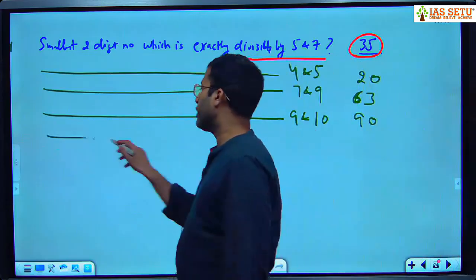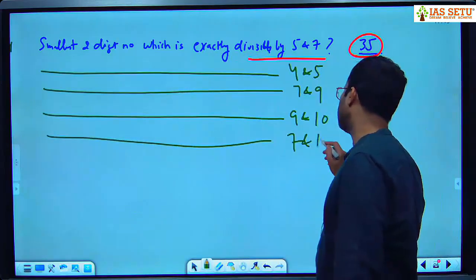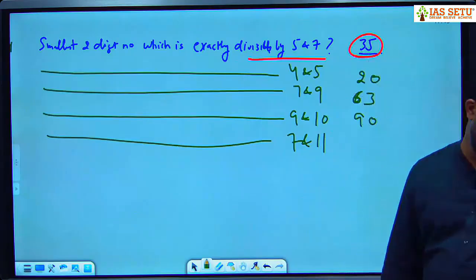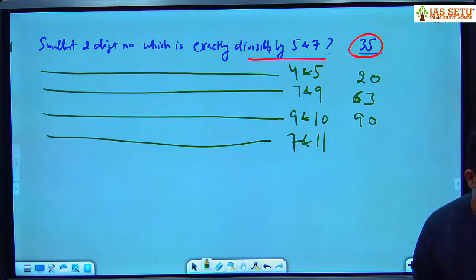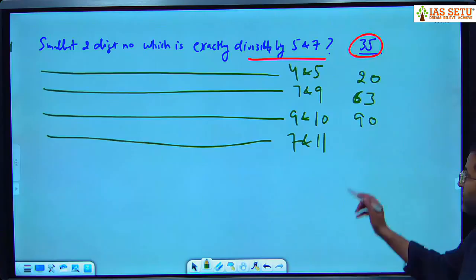Tell me the smallest two-digit number which is exactly divisible by 7 and 11. Yes, 77.